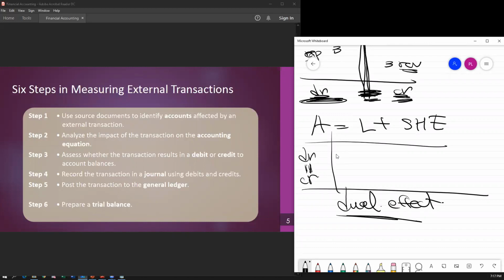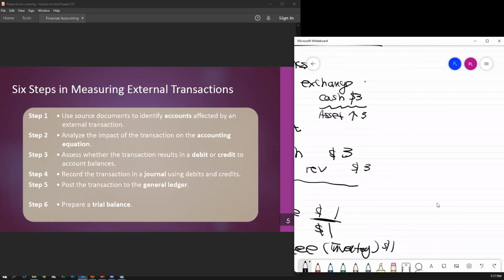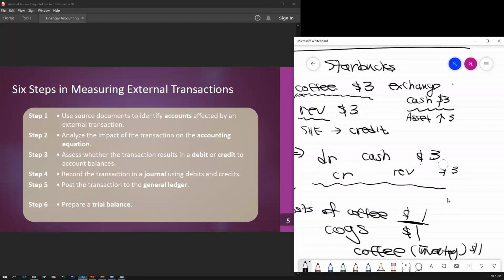When you are reporting a debit, there should be another one that's reporting a credit. Going back to the original transaction here, whenever you report a debit, you are going to report a credit by the exact same amount. And that's why the sum of all the debits should equal the sum of all the credits. And that's the point of having a trial balance. Any questions so far?